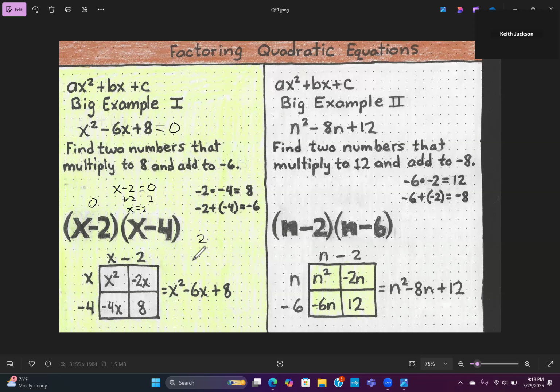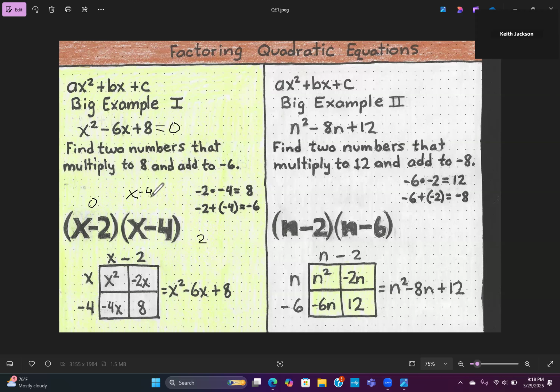If we do the same thing to the other one, x minus 4, we're going to set that equal to 0.